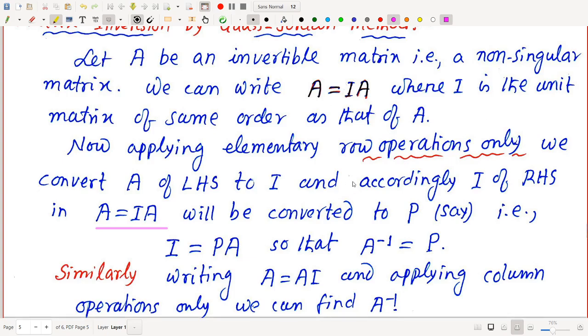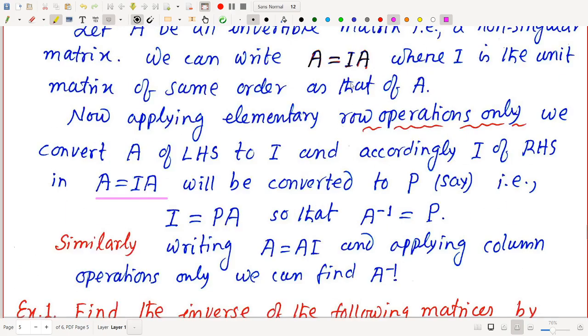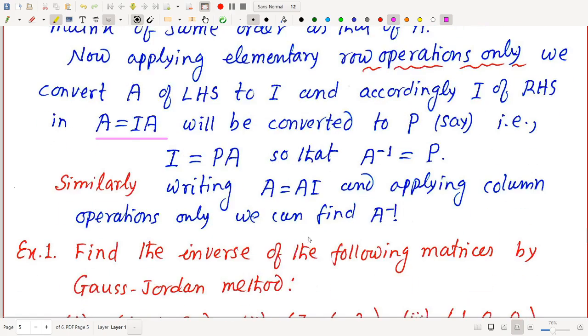And if we write I on the right, similarly writing A equal to AI and applying column operations only, we can find A inverse. In that case you have to apply only column operations, because applying an elementary column operation to a matrix or post-multiplying the matrix by the corresponding elementary matrix, the effect is the same. So this is the process for finding the inverse by the Gauss-Jordan method.